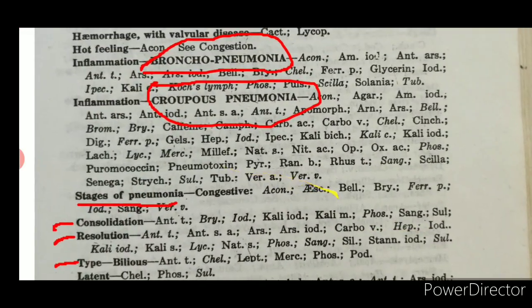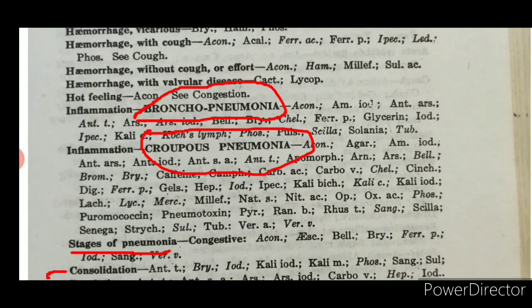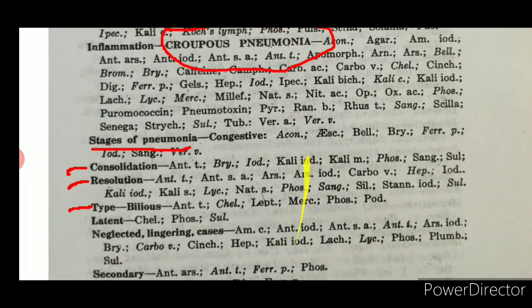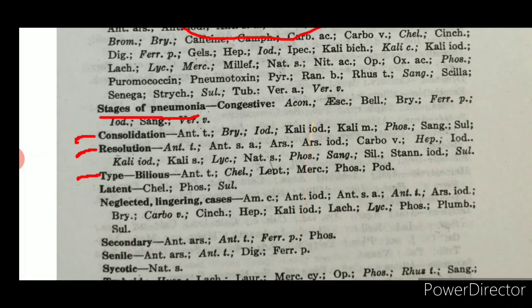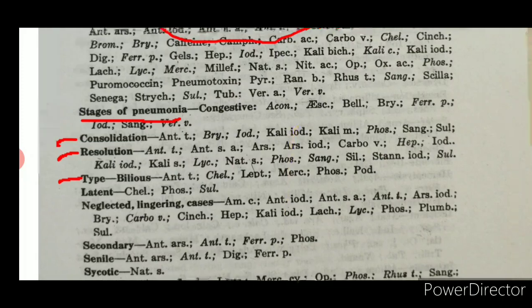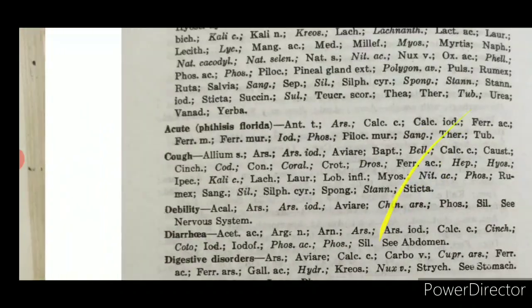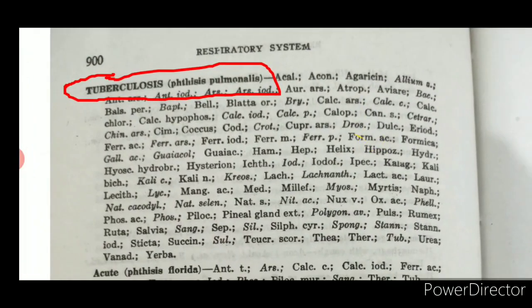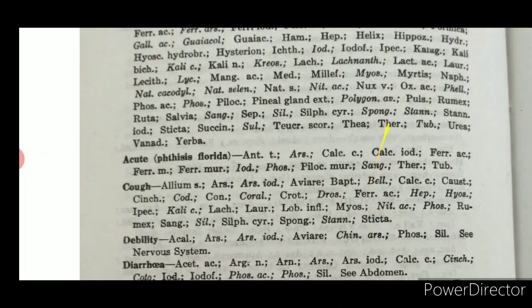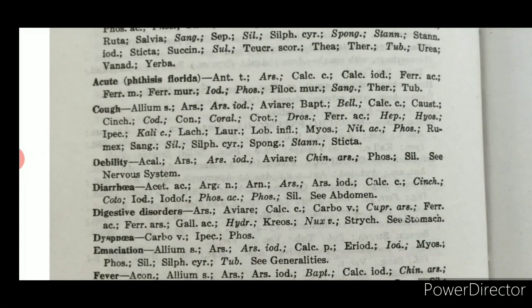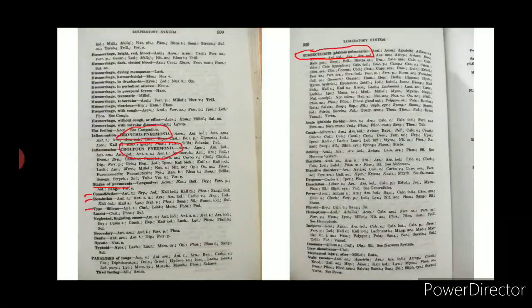In the same chapter, we are going to find the inflammation of lungs in bronchopneumonia, croupous pneumonia, and we have stages of pneumonia, consolidation, resolution. Then also we have types of pneumonia. Same thing in the same chapter, we are going to have tuberculosis, phthisis, and then we have different rubrics of tuberculosis.